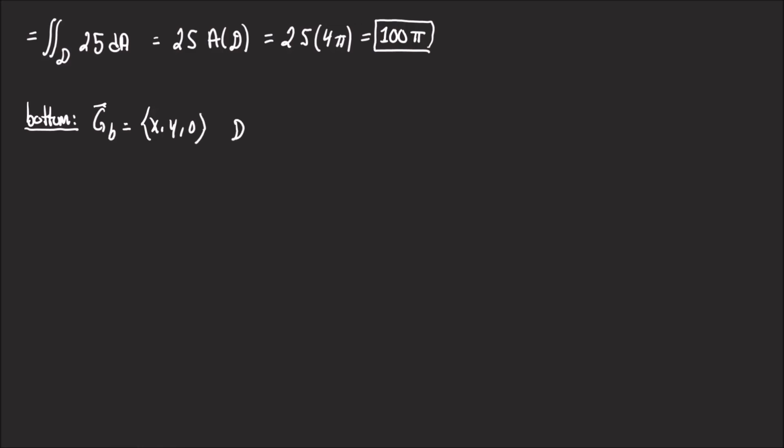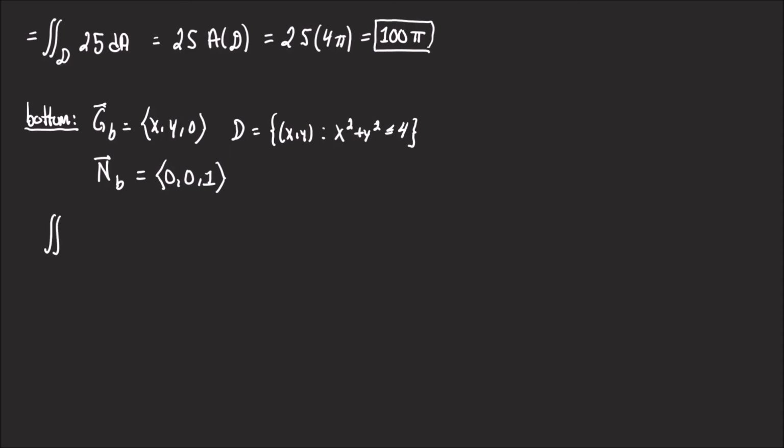And again, the domain is the disk of radius 2. Then we need to calculate n. Well, again, n will be the same thing, except we have to remember it is now oriented downwards. So we're going to have this negative.